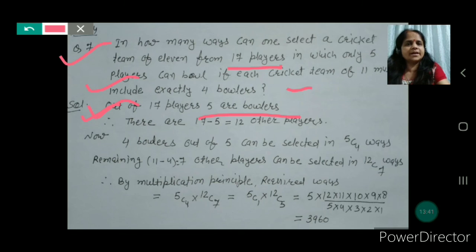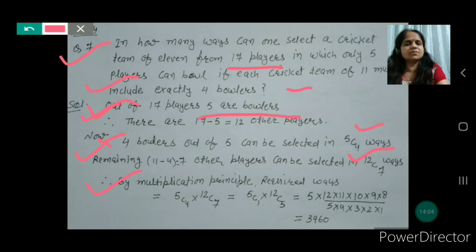And 4 bowlers out of 5 can be selected in 5C4 ways, and the remaining 7 other players. Since we require a total of 11 players, 4 we are taking as bowlers, so 7 other players can be selected in 12C7 ways.